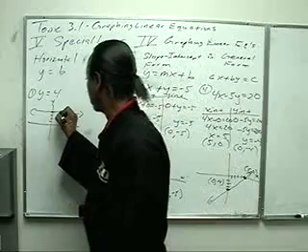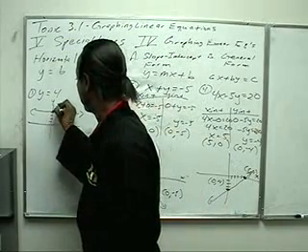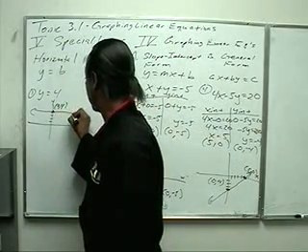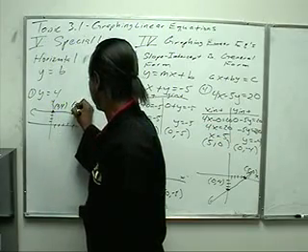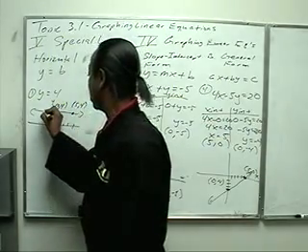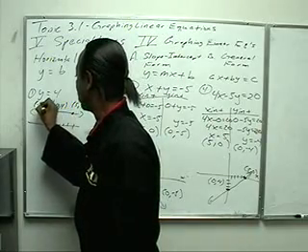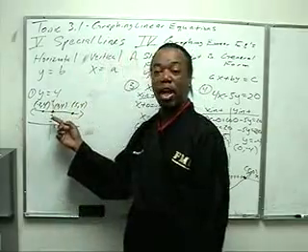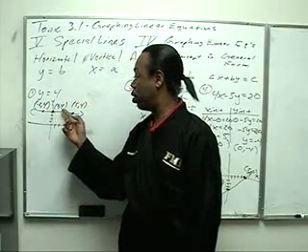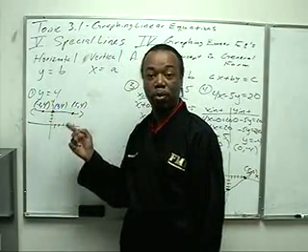So we choose points. Let's say a point here. That's 0, 4. A point here. Let's say that's 5, 4. And let's say a point back here. That could be negative 2, 4. When you choose points along the line, make sure the y value is always 4.